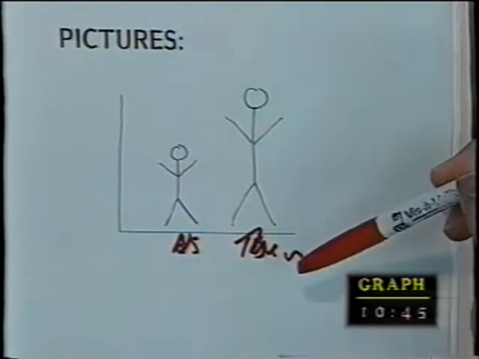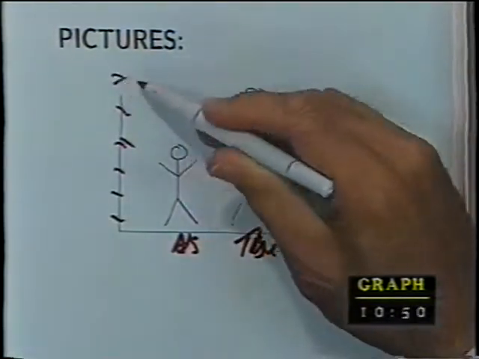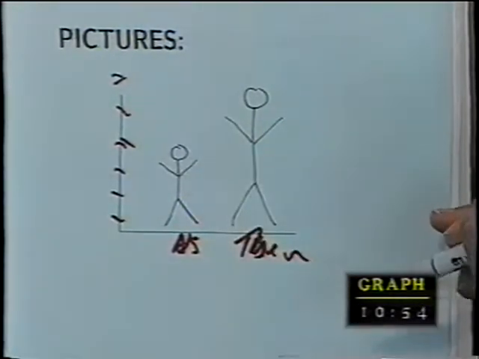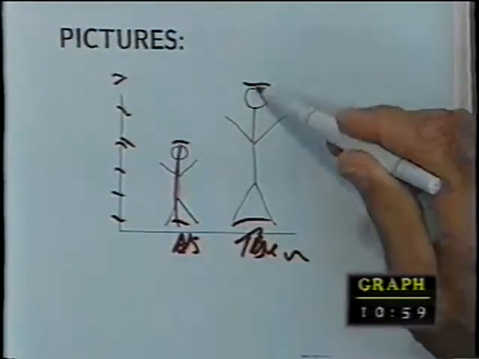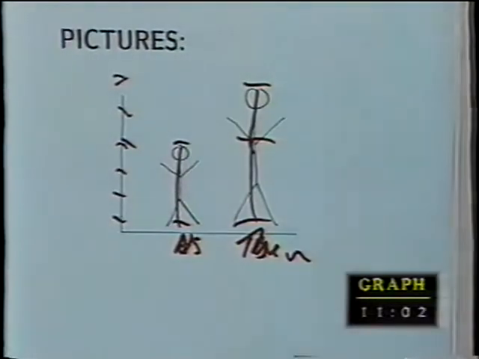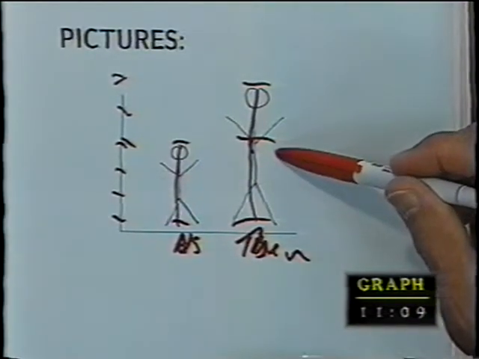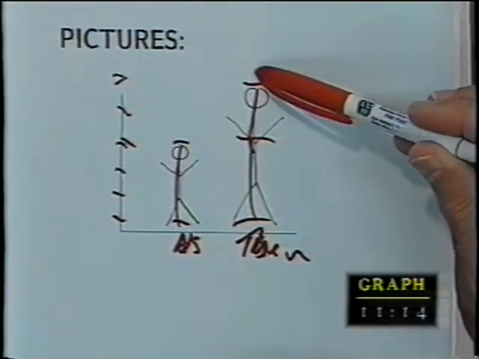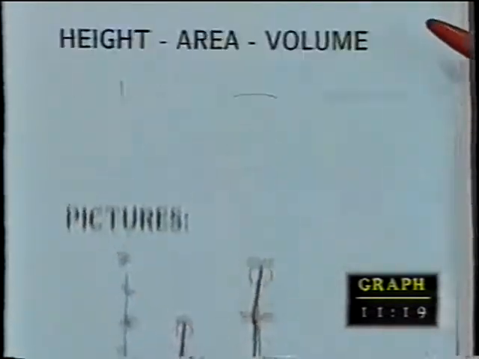Well, most of us think in terms of a linear scale here, and this one is this tall, this one is twice as tall, and so this represents twice as many soldiers as this represents, because this is twice as big as that. Okay? The natural tendency of people is to look at these graphs and see that this is twice as big and therefore it's twice as much. But that's not necessarily the case.